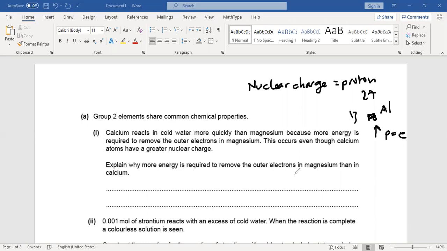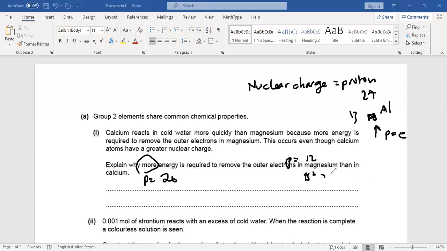So energy, why more energy? More energy is required to remove the outer electron in magnesium than in calcium. Of course, if you see here, magnesium is 12, and calcium is 20. So the proton number of magnesium is 12, the proton number of calcium is 20. So magnesium has fewer shells.